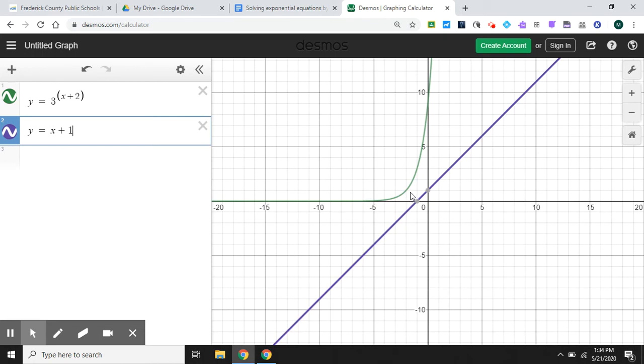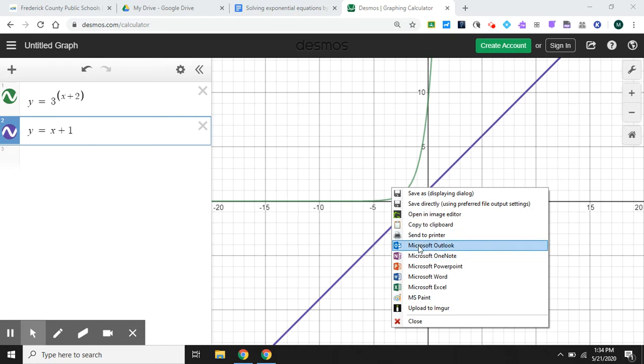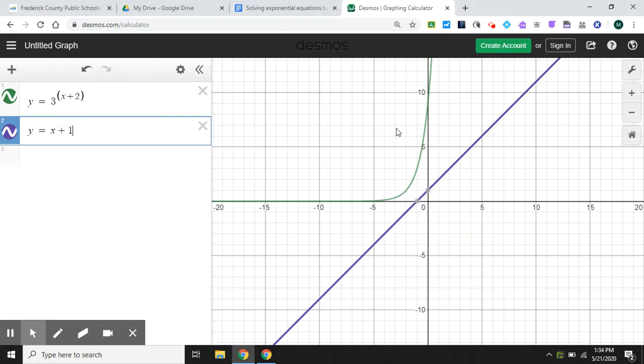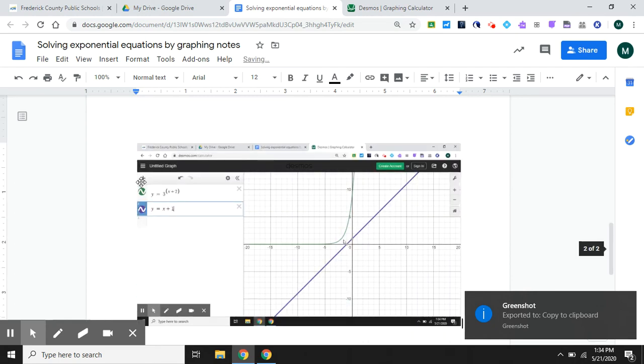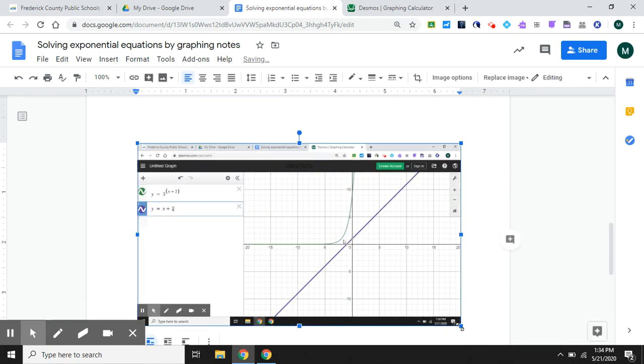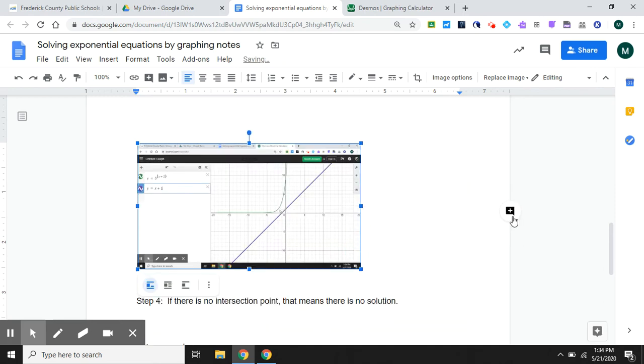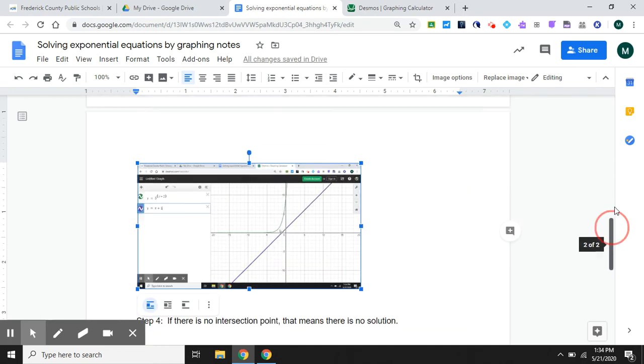So here, just like when we did our systems, we had no intersection sometimes, and that just means that there is no solution. So again, I'm going to do control print screen. Then I can copy it to the clipboard, and then underneath step 3, put it in there for you, and make it a little bit smaller.